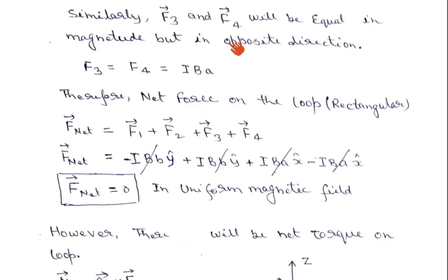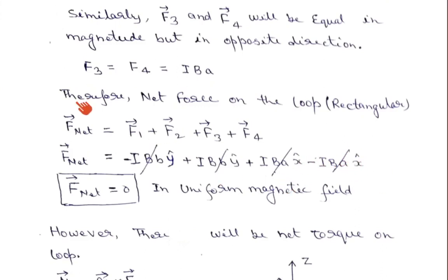Therefore the net force on the rectangular loop is F net equal to F1 plus F2 plus F3 plus F4. We calculated F1 equal to minus I capital B into small b into the y unit vector, and F2 equal to plus I capital B into small b into the y unit vector. Similarly F3 is I into capital B into small a into the x unit vector, along the positive x direction, and F4 is minus I capital B into small a into the x unit vector, along the minus x direction.